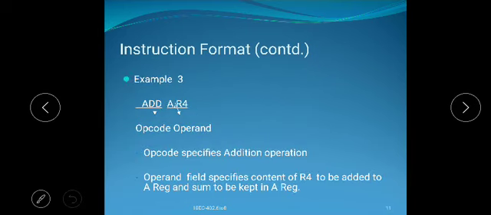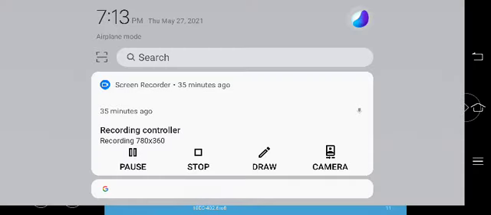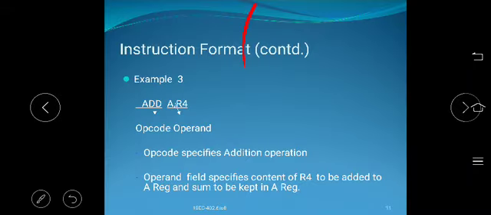Next is example 3. This is an arithmetical operation. Here they are using two registers, register A and register R4.